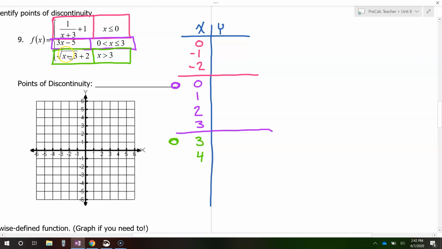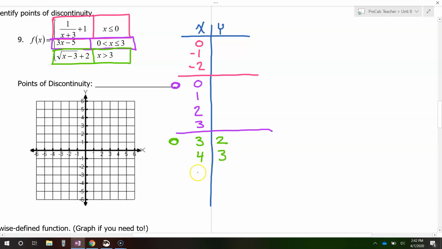That's gonna be 0. As long as I'm thinking this out, I might as well write this down. So if I plug in 3, I get 0, and then 0 plus 2, that's going to be 2. All right, so I'm not dealing with decimals. If I plug in 4, 4 minus 3 is 1. Square root of 1 is still 1. 1 plus 2 is 3.